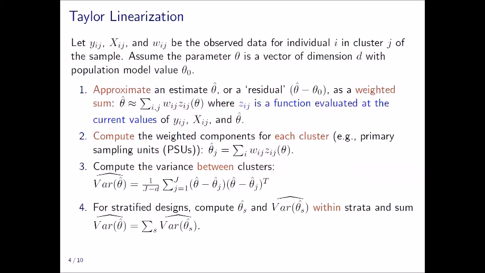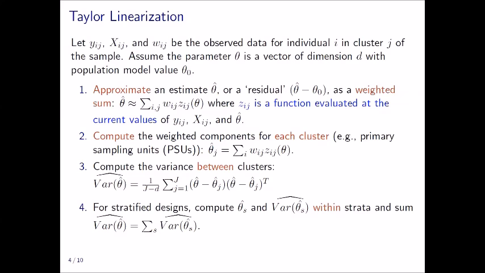So Taylor linearization. We start with the outcome we're looking at, Y, some covariates X, and the weights that are based on the survey design, or W. And we want to look at parameters theta. So for Taylor linearization, you take this estimate, theta hat, or a centered estimate or residual, and you approximate it as a weighted sum. So it's a linear operation of weights. And this Z is just a function that's evaluated at the data and your best estimate.